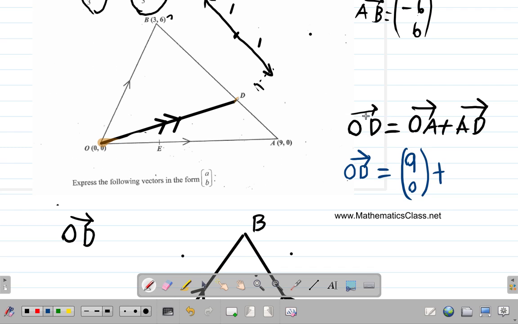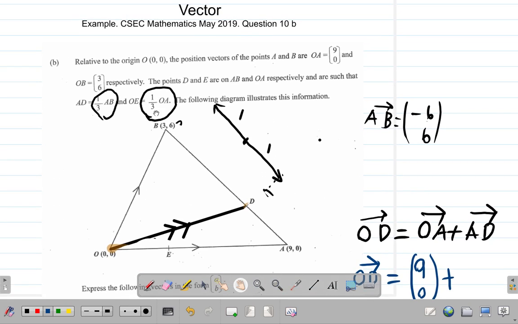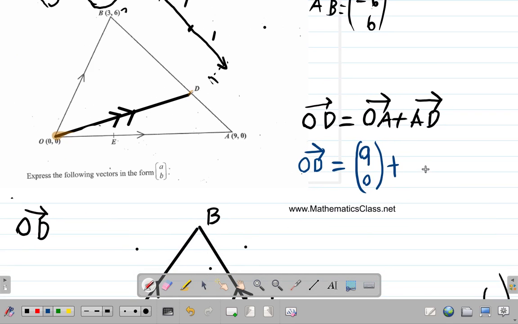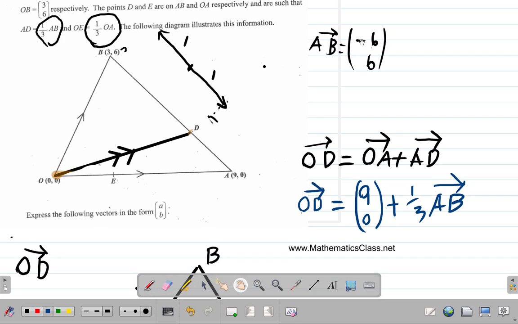But AD is 1/3 of AB. So you plus 1/3 of AB. Do you know AB? Yes. We found it earlier. It is -6, 6.